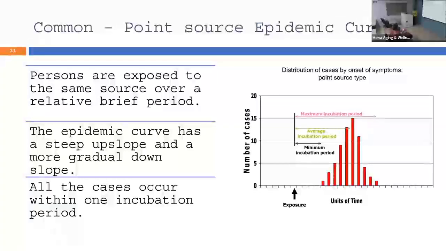And then you have the average incubation period, most of them, and those at the maximum incubation period would be, say, those with much stronger immune systems, for example, but it's usually a range. You just have a steep upslope and gradual downslope, and that is it.